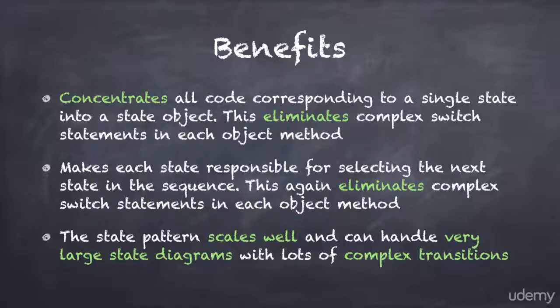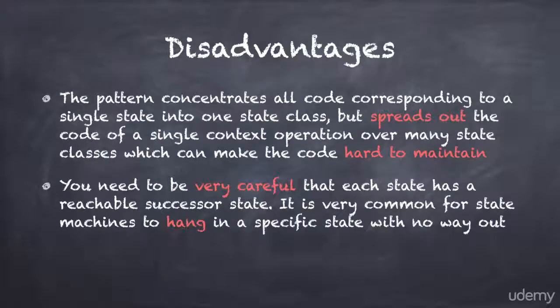But the pattern also has disadvantages. First of all, this pattern is a trade-off. The pattern concentrates all code corresponding to a single state into one state class. But sometimes this isn't what you want, because the pattern also spreads out the code of a single operation over many state classes, which can make the code hard to maintain.